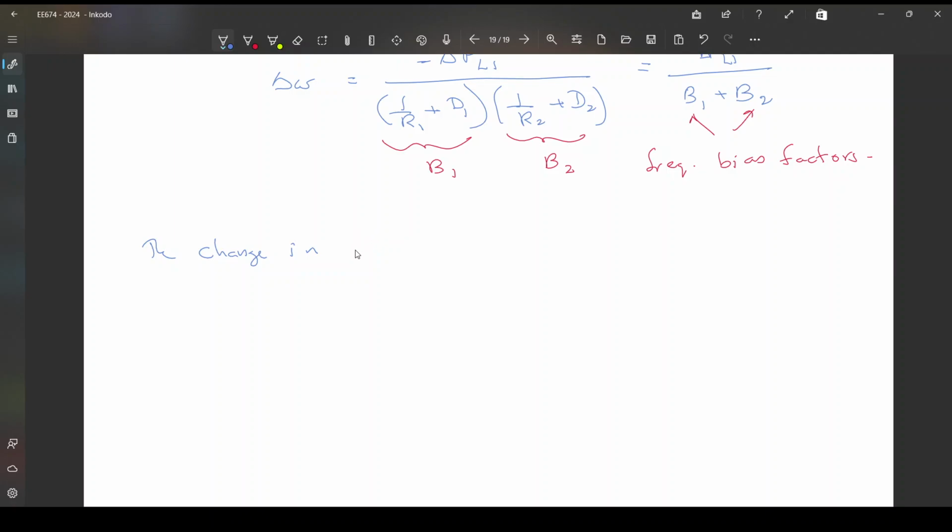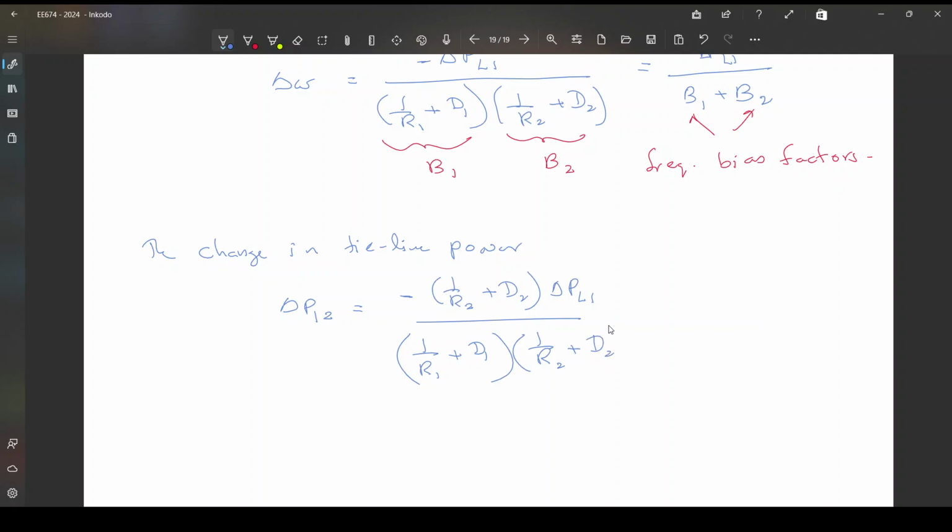Delta P12 is equal to minus (1 over R2 plus T2) times delta PL1 divided by (1 over R1 plus T1) times (1 over R2 plus T2).